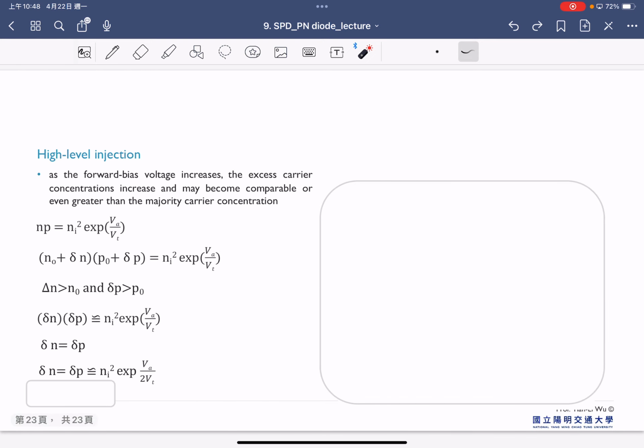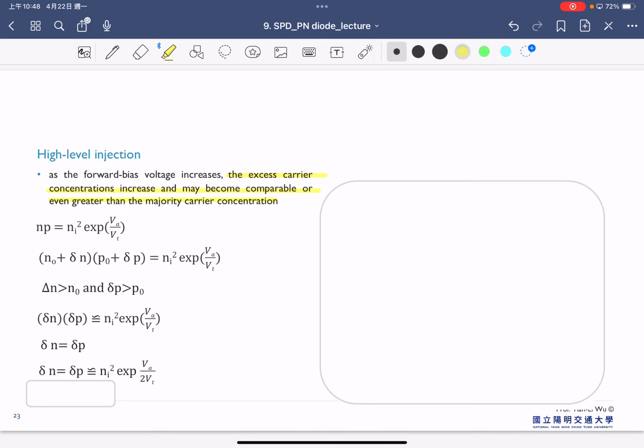So finally, this will be the high level injection. Under high level injection, in the case of forward bias, once we increase the forward bias a lot, we can expect that the excess carrier concentration increases and might become comparable to or even larger than the majority carrier concentration.